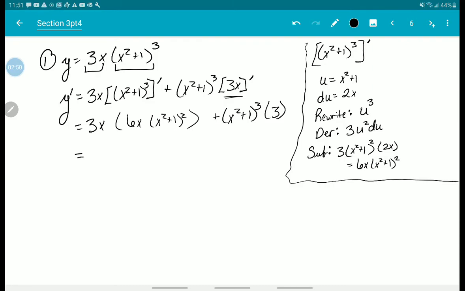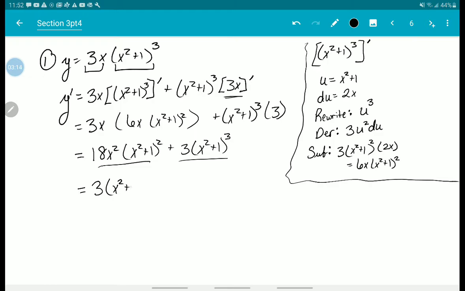So now let's clean this up. We have 3x times 6x, which is 18x squared, times (x squared plus 1) squared, plus 3 times (x squared plus 1) cubed. Now, let's look at what these two terms have in common. They both have in common a 3, and they have the group (x squared plus 1) squared in common.